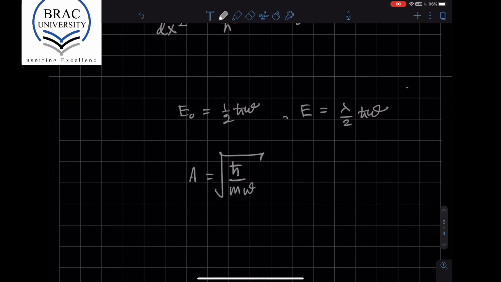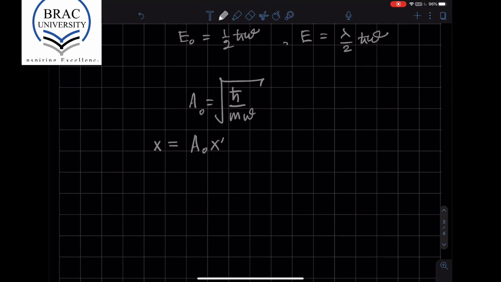So what we're going to do is say that our position, or the displacement of the oscillator, will be given in terms of A0 times x prime.